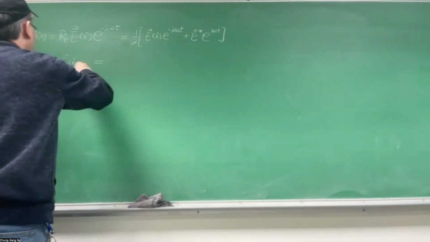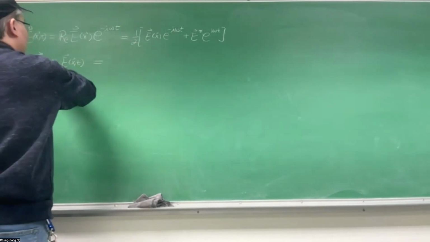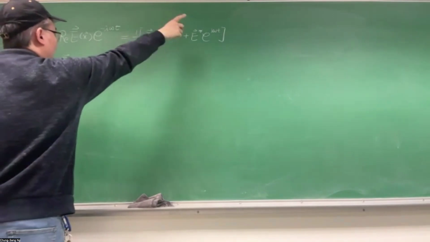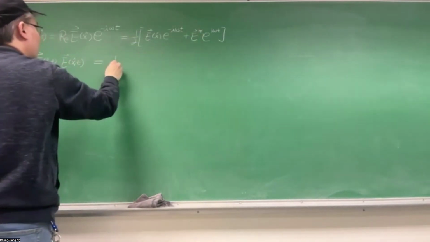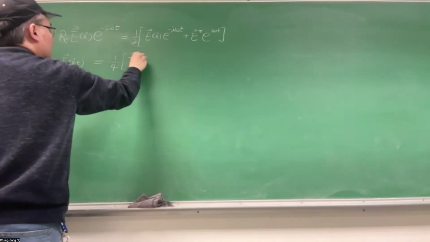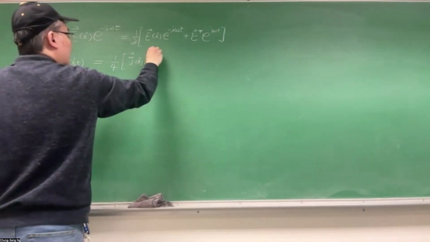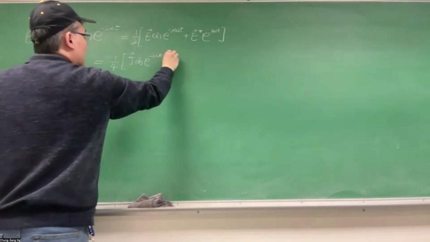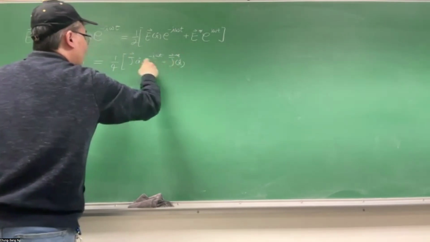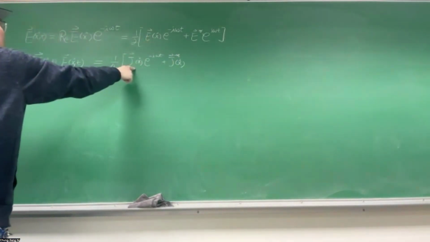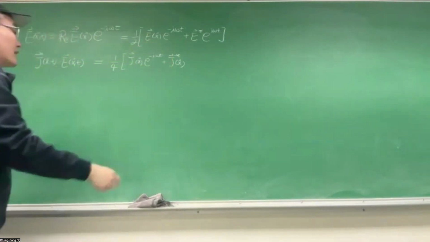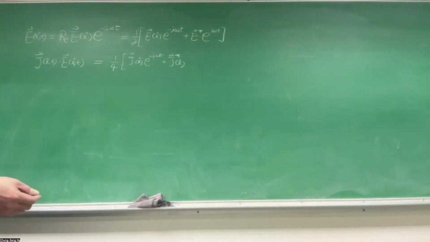Each one has this similar expression, so altogether it is 1/4 of J e to the power minus i omega t plus J complex conjugate. All these quantities have just the spatial dependency, which can be complex, so therefore we can take a complex conjugate. Yeah.